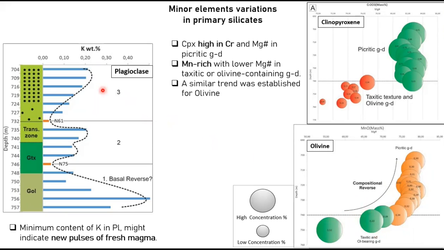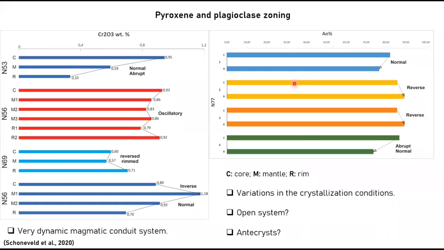And also in plagioclase, we found some minimum contents of potassium, which may indicate some new pulses or magma replenishment. And these minimum amounts of potassium are related with some textural features.